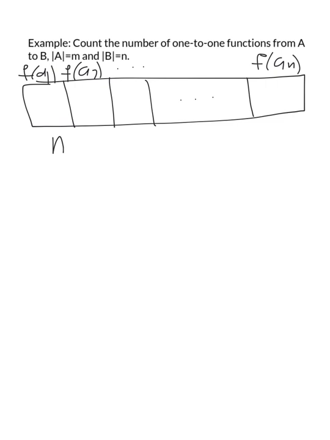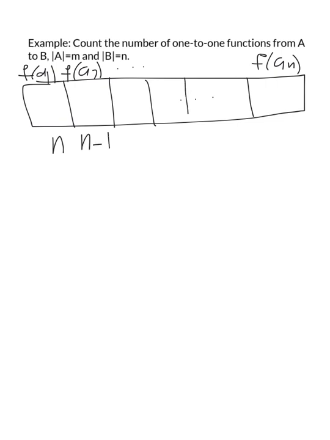But now, what is the number of possibilities for the second element? The second element cannot be mapped to any element of B because it is restricted. Now the function has to be one-to-one, and the second element cannot be mapped to where the first element was mapped to. Therefore, it has one less possibility, and it has n-1 possibilities.